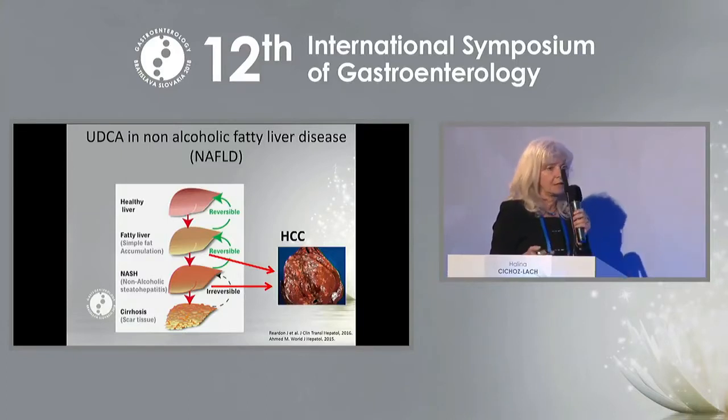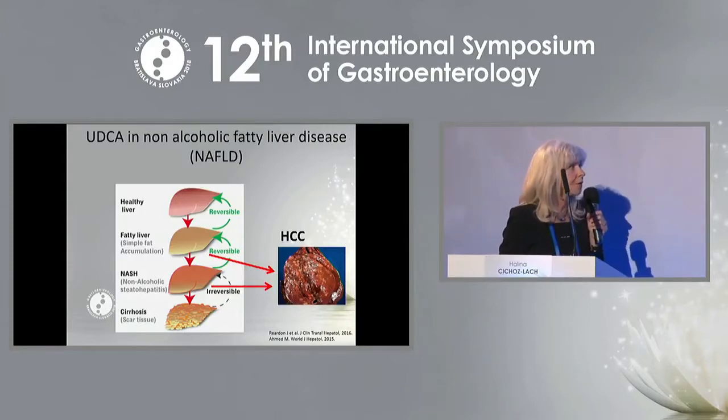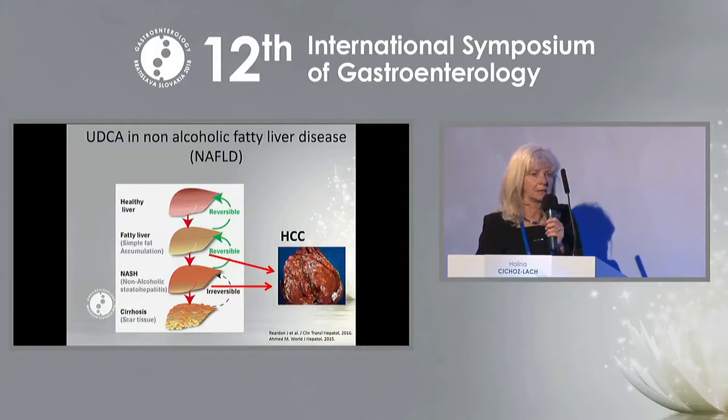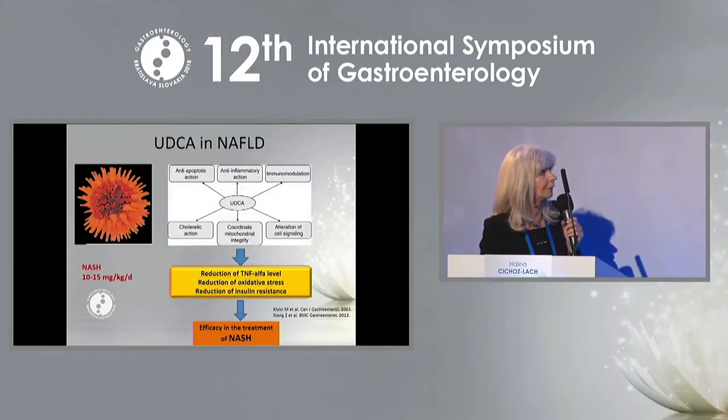It is estimated that NAFLD can affect nearly 30% of people in the world. The clinical spectrum of this disease includes simple steatosis, a potentially reversible condition, steatohepatitis, non-alcoholic steatohepatitis, fibrosis and cirrhosis, which is an independent risk for hepatoma development.